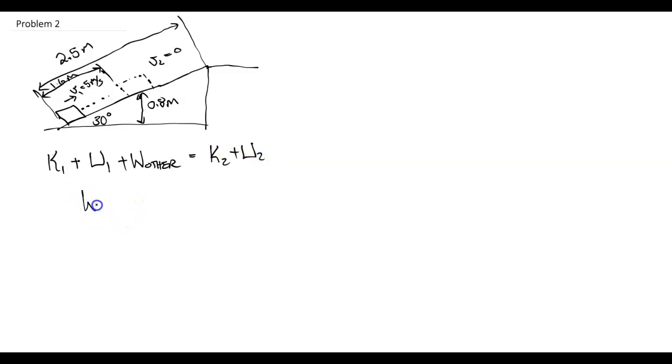So in this case, the other work, as we've seen before, is going to be K2 minus K1 plus U2 minus U1. And you notice it's the change in kinetic energy plus the change in potential energy, or the change in mechanical energy between the two.